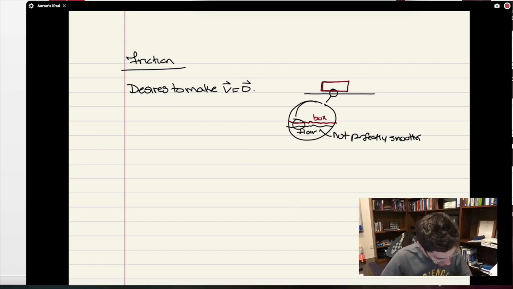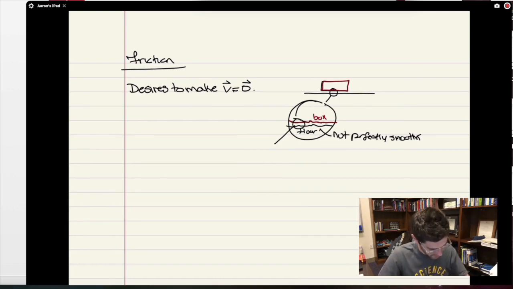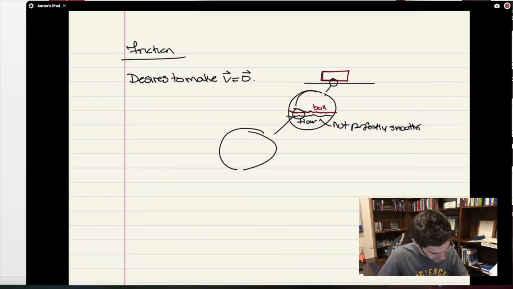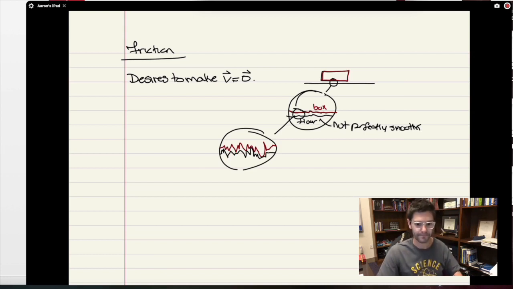I could zoom in even more and look even closer at what's going on. I would find that there are actually a lot of imperfections in what makes up the surface of the box and what makes up the floor itself. You can imagine if I look at those zigzaggy lines and I were trying to make one move across the other, there would be some resistance.